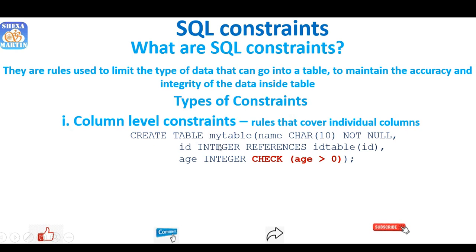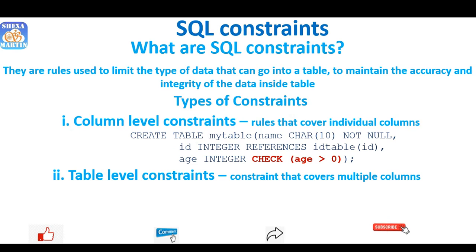And then we have ID, which is an integer, and references the table ID, and the age column is of type integer, and the rule that is governing age is that the age must be greater than 0. Any age that is below 0 or equal to 0 is not allowed. So that's the rule that is governing age only. ID is not governed by this rule. That's why we are saying it's covering only this individual column.